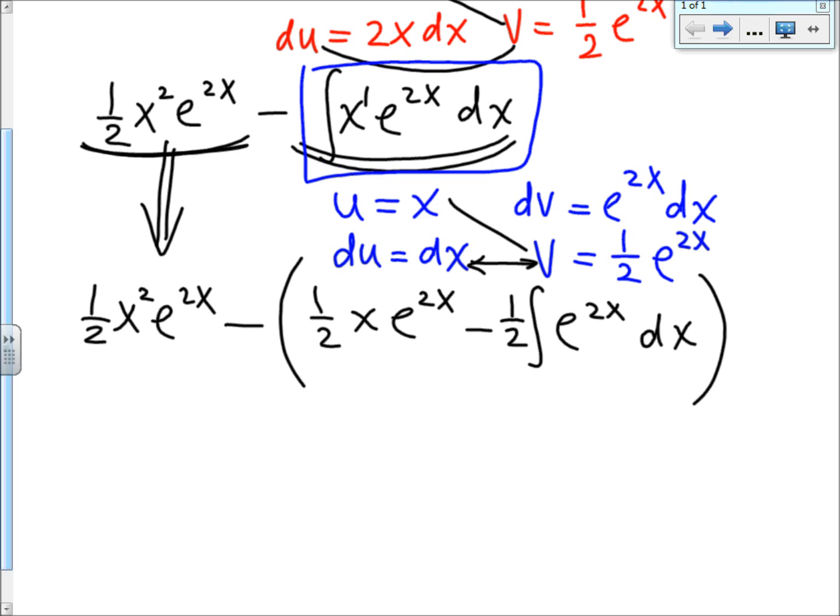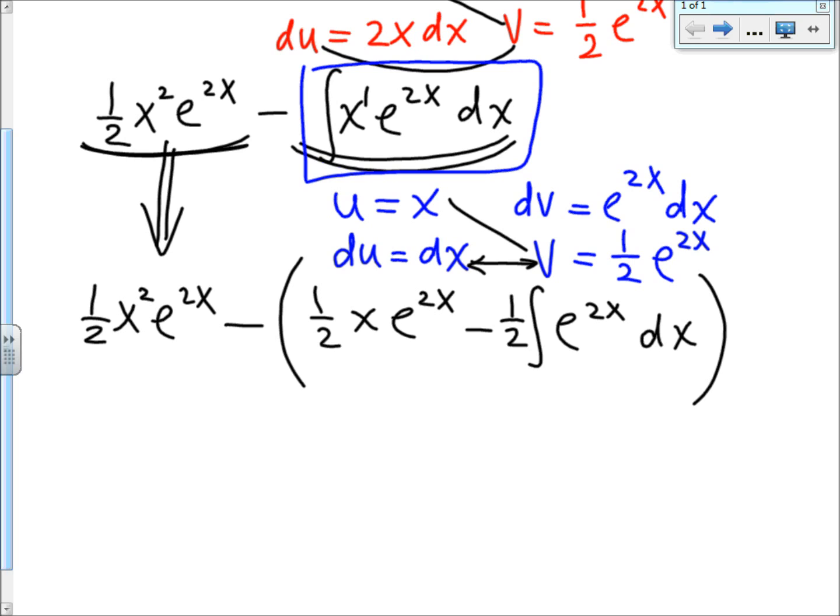So it actually went from 2 to 1 to 0. Okay? So if it was power 3, it would go down 3, 2, 1, 0. If you didn't choose u to be the x and you took it to be dv, the power would keep going up and you'd get worse and worse. You don't want that. So you always want to keep bringing the power down.